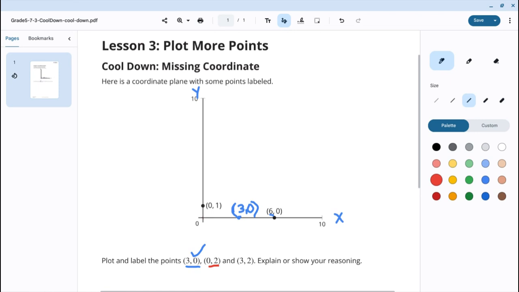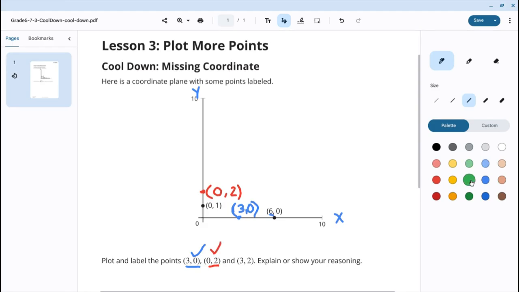Well, this point was going up 1, so I'm going to go up about that same distance, and I'm going to put a red mark here, and I'm going to go ahead and label this one, and I'm going to write that this was point 0, comma 2, because it was really just like double the distance up that this point was when we went up 1. Okay, so that is this coordinate, and I have put that in red.